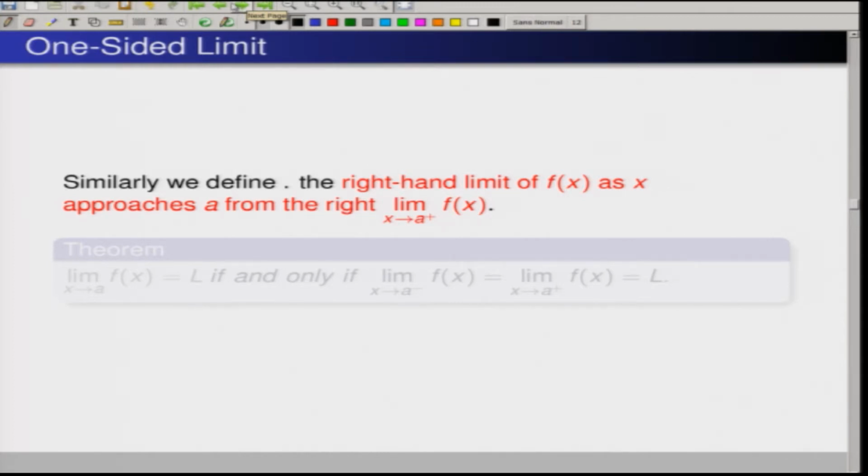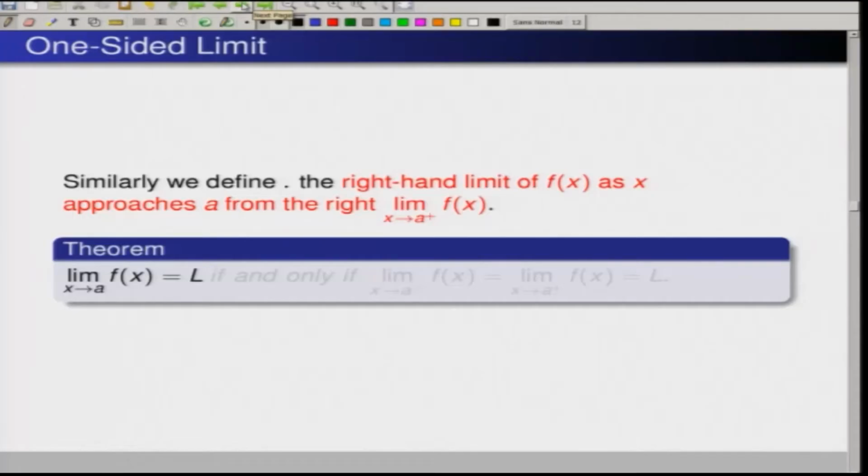When limit x goes to a plus f of x is equal to L, it means we take the values of f of x when x is close to a from the right hand side, that is, x is greater than a, and then we talk about the right hand limit.